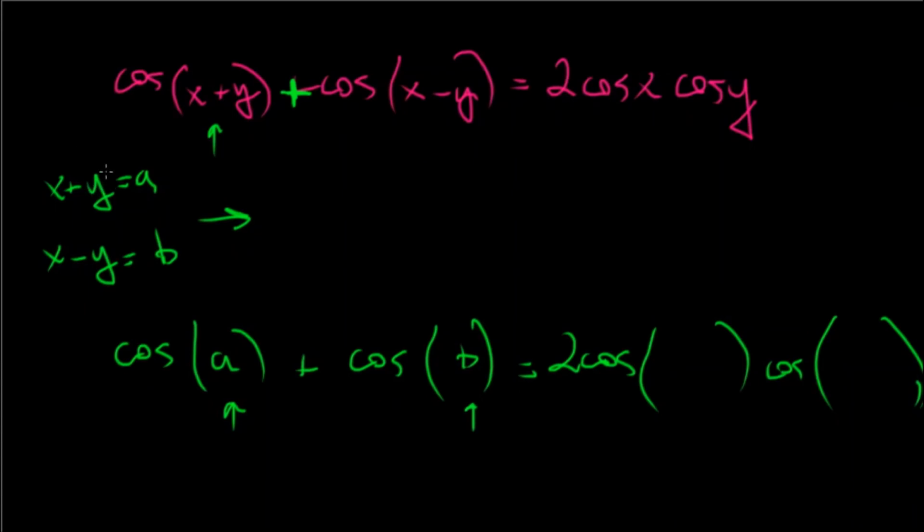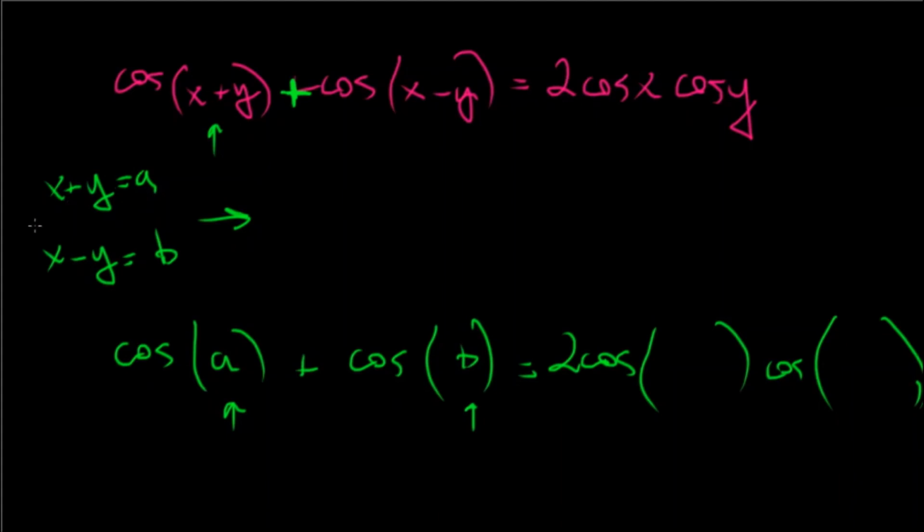I'm talking slowly so you can pause and think about it. But what I'm going to do is add these two equations. These two equations are true, so if I sum them, their result will also be true. x plus y equals a, x minus y equals b.